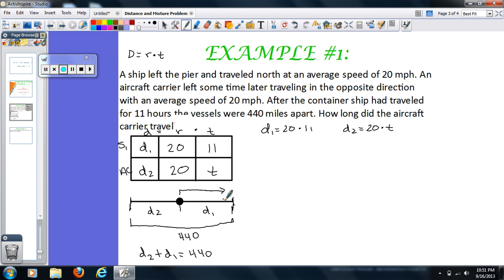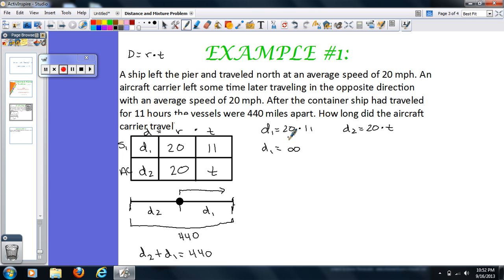Okay. So let's go ahead and do this now. D1 then will equal 20 times 11. Okay, 1 times 0 is 0, 1 times 2 is 2, and then we're going to bring down the 0.